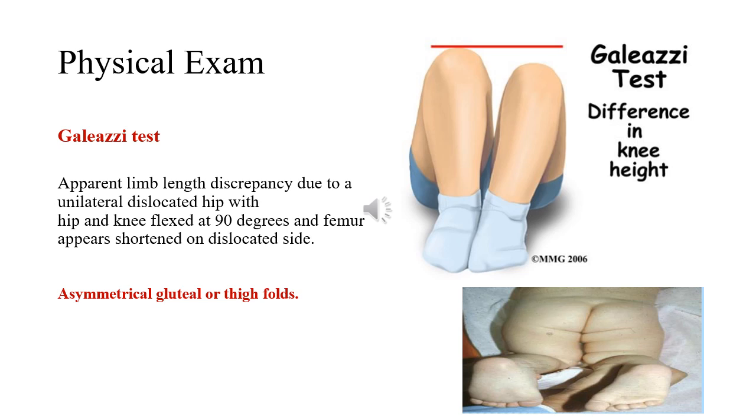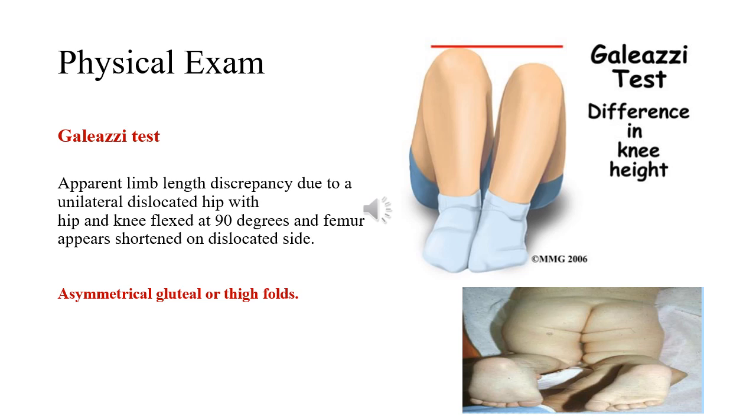So when you look from the side, you will see that on the affected side, the tibial tuberosity is shorter, indicating that the femur is shorter. So this tells us that the femur is shorter on this side, which can be caused by DDH or by any other cause of leg length discrepancy.